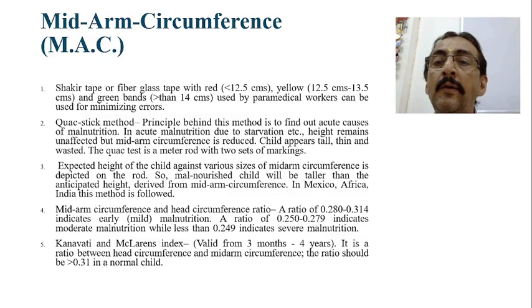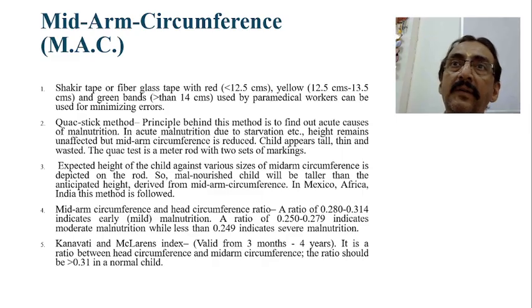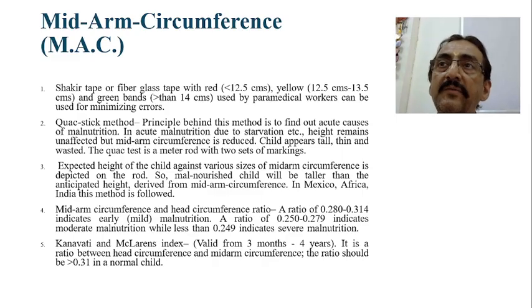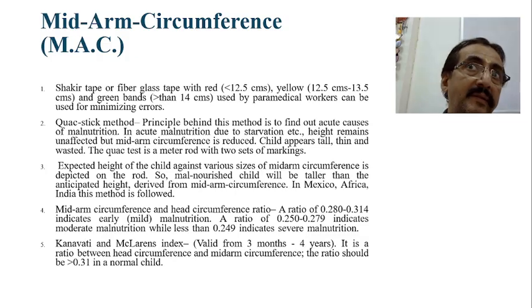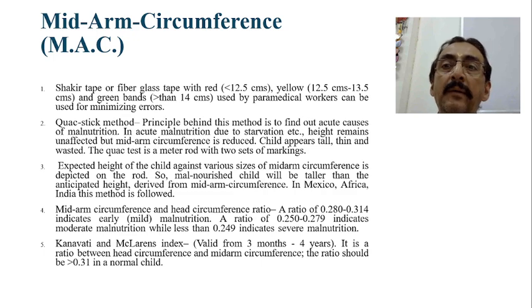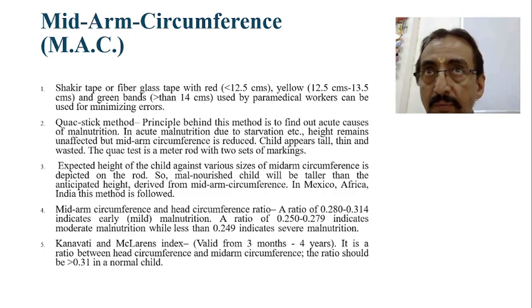So severe malnutrition or malnutrition can be assessed by simple methods, by using the Shakir tape method, the quack stick method, or by mid-arm circumference versus head circumference. These are the different ways by which you can assess malnutrition by keeping mid-arm circumference in point of view.